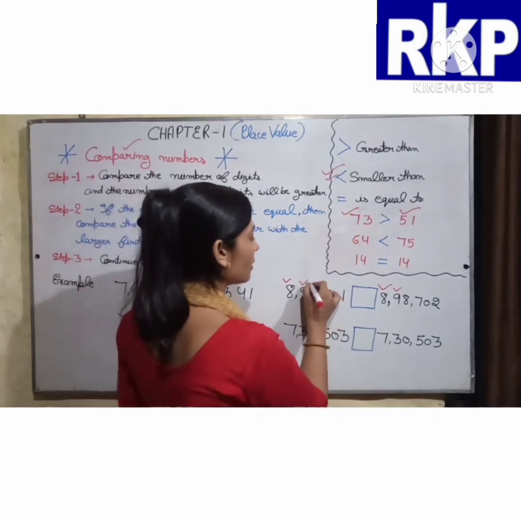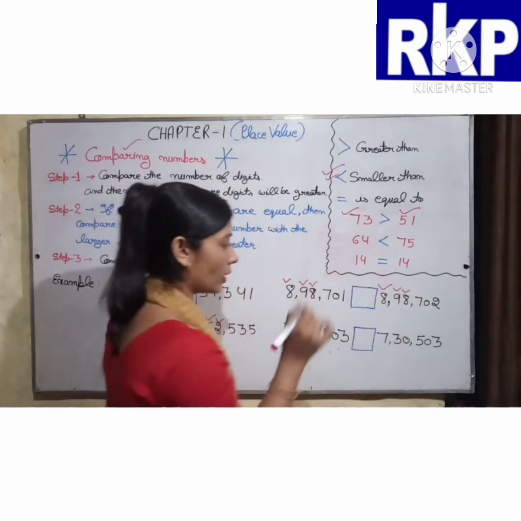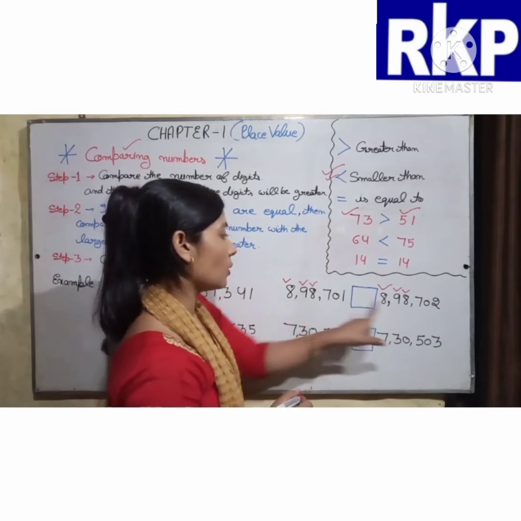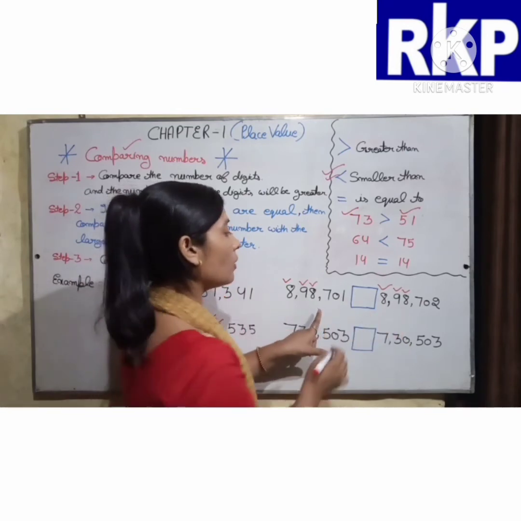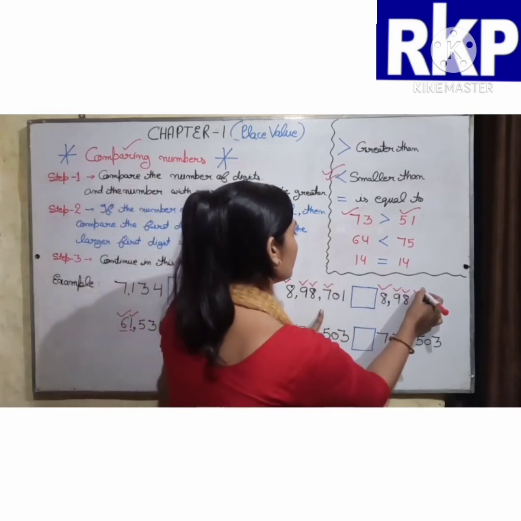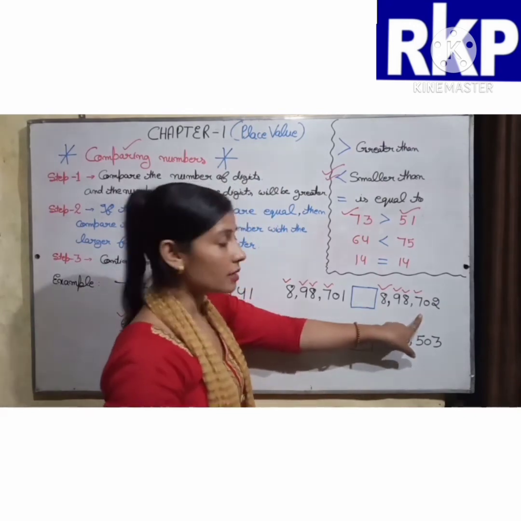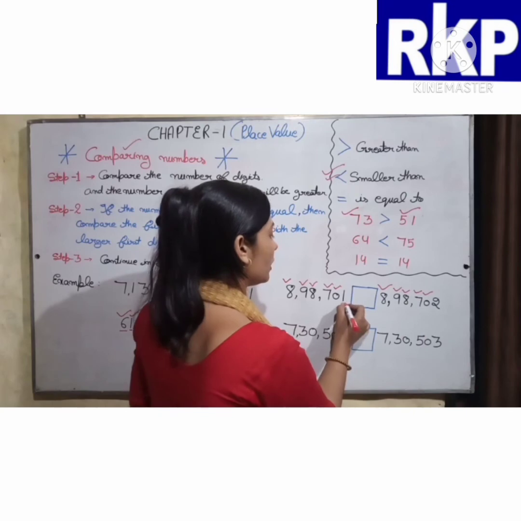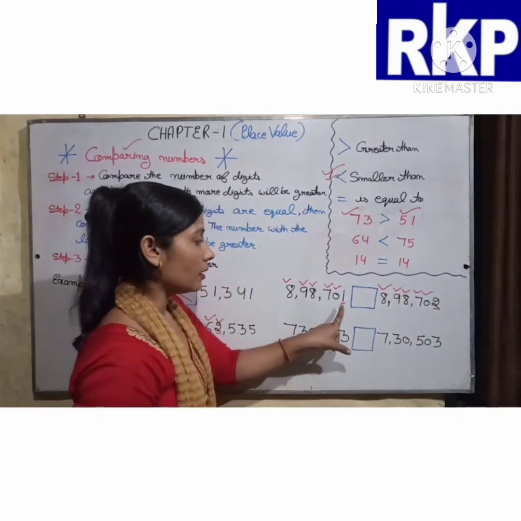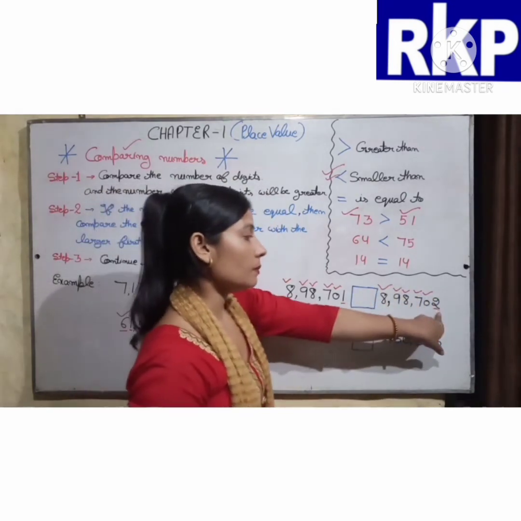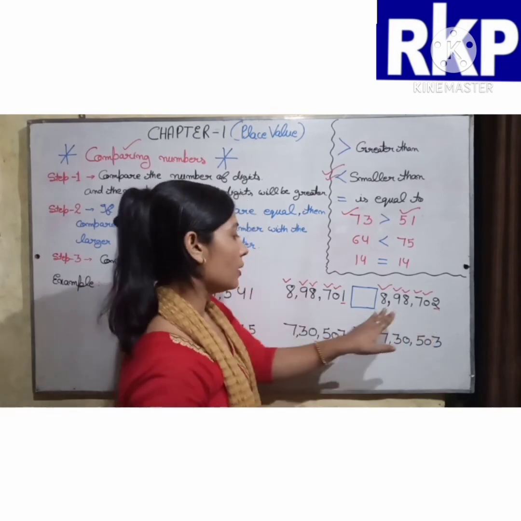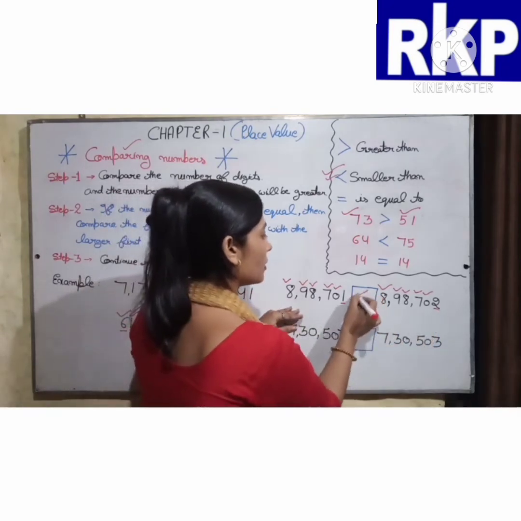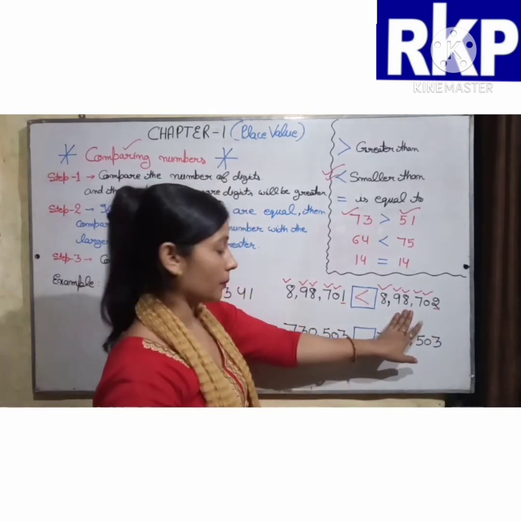Now we need to check next digit. These are also same. Now we need to check next digit. 7, 7, both are same. Next also same. So we need to check these. Here 1 is less than 2. So this number is smaller than this number.